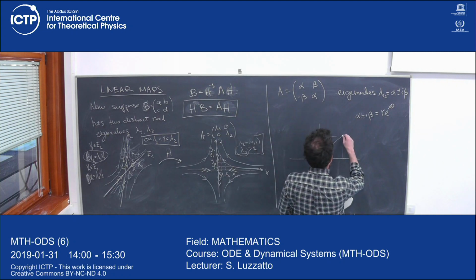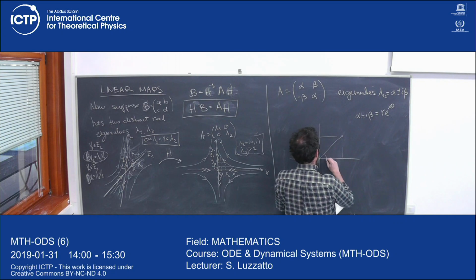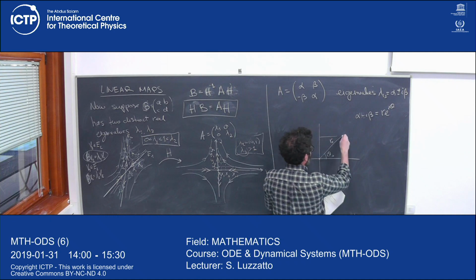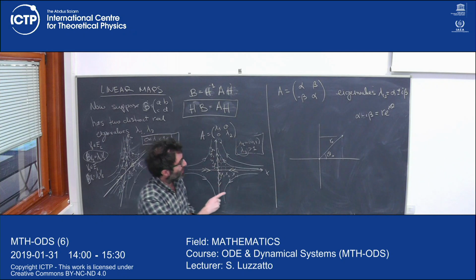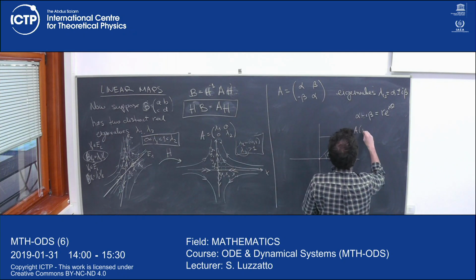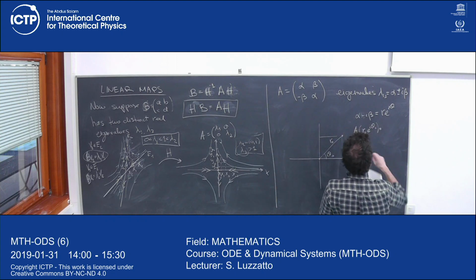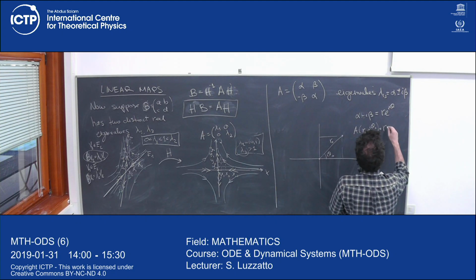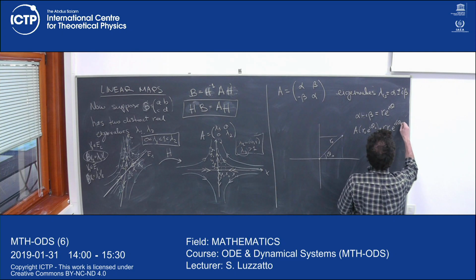So if you write this point here in polar coordinates, which is much more suitable for this, then it turns out that A of r0 e to the i theta 0 is equal to multiplication by this: r times r0 e to the i (theta 0 plus theta).